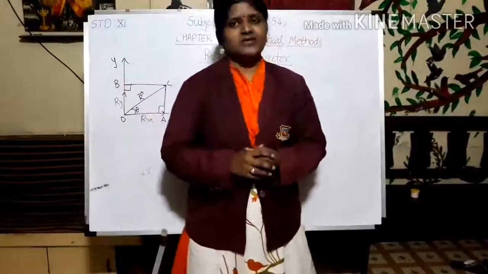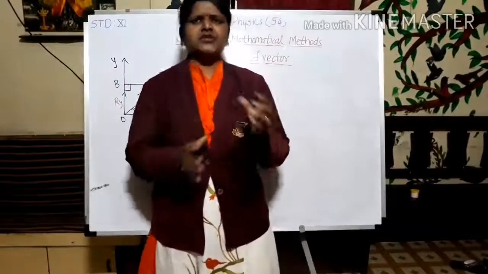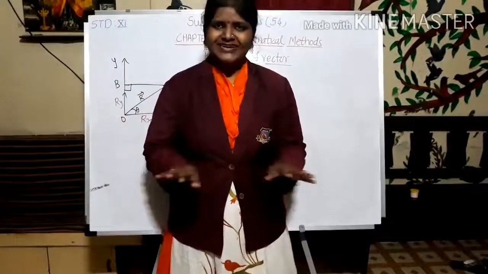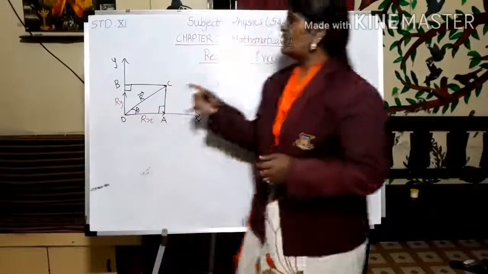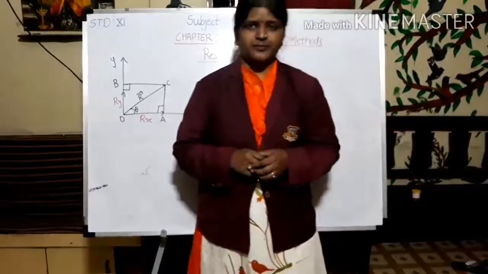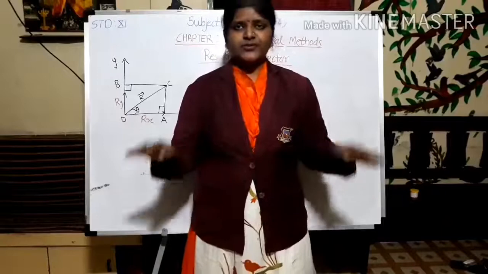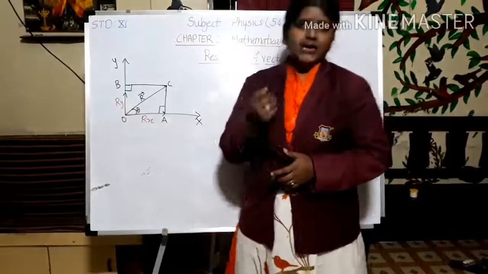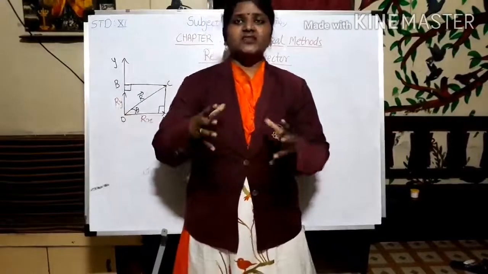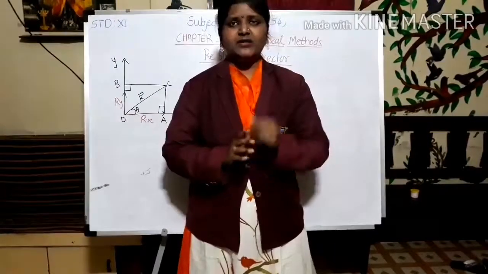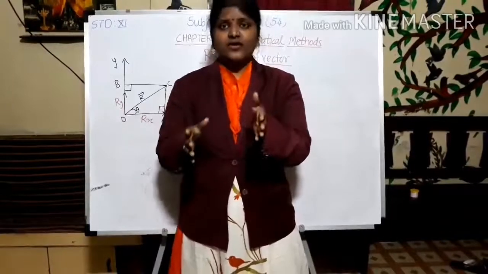Vectors can be written using components. While we are splitting a vector into its components, that process is called resolution of vector. Again, when you split a vector into components, that means if you are writing A bar as Ax i cap plus Ay j cap, that is splitting the vector into two components, along i and j, or the x and y coordinate system.